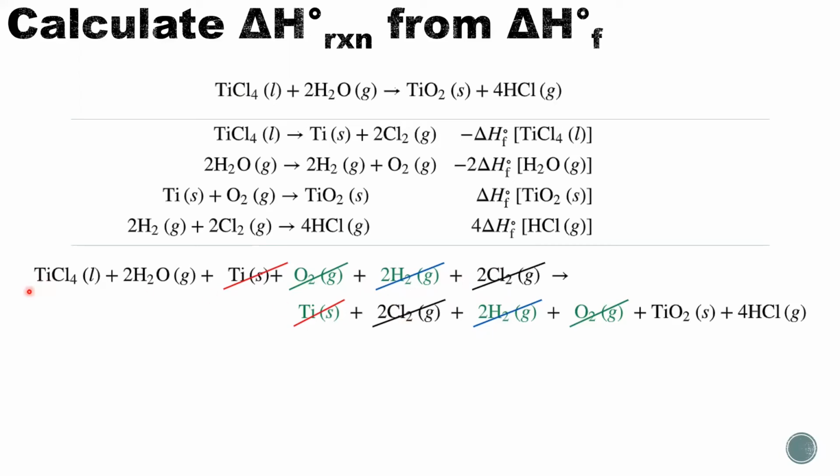What is left over is titanium chloride in liquid plus 2 water in gas phase to produce titanium dioxide in solid phase and 4 hydrogen chloride in gas phase. That's exactly what our target equation is.